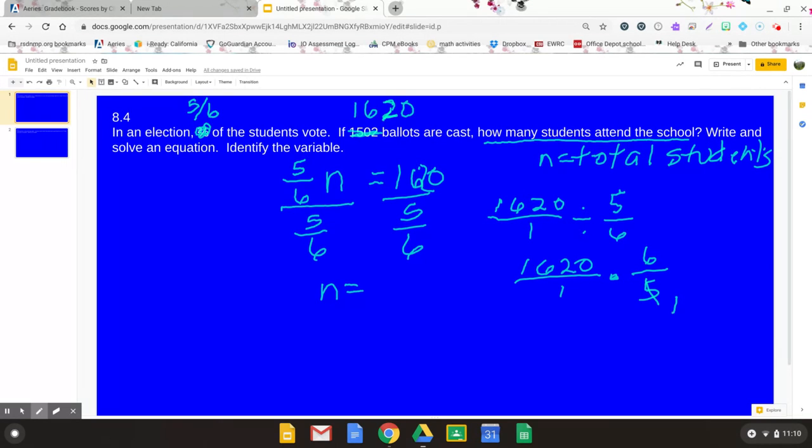So 5 goes into 5 once, and 5 goes into 1,620 324 times. 324 times 6 is equal to 1,944 over 1. So N equals 1,944. And that is one of the answers in my answer sheet, so I know I got that right.